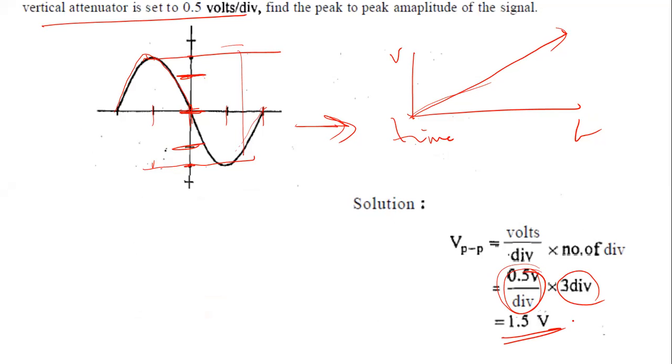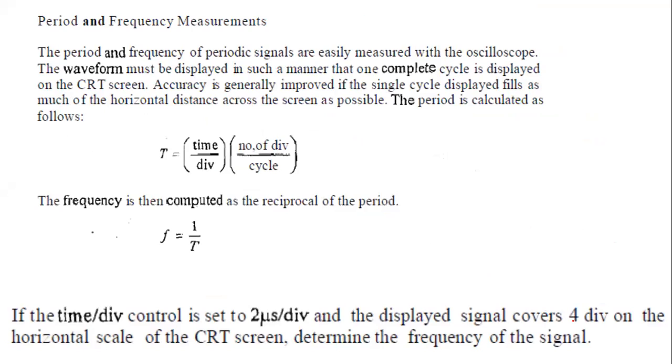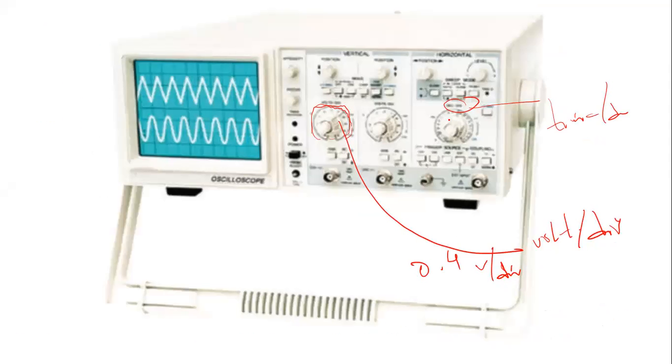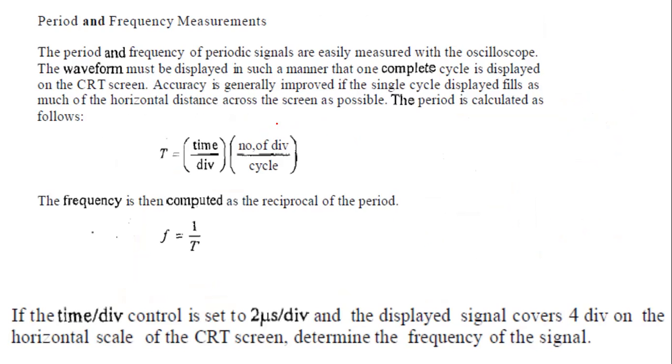Now you can even study the frequency here. How you are going to study the frequency is that on the horizontal attenuator, that is the horizontal scale out here, you can select the time per division. By selecting the time per division here, you can record the time per division, how many divisions there are, and how many divisions per cycle.